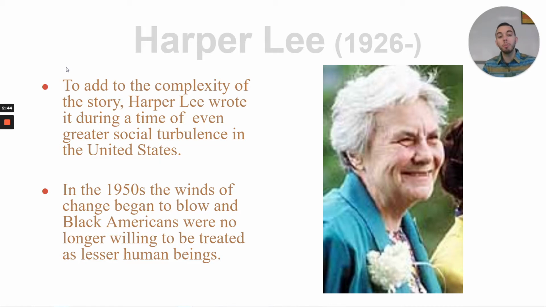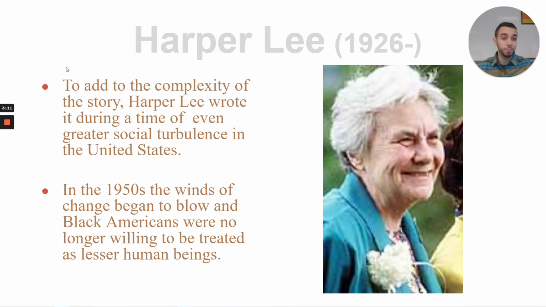So Harper Lee, born in 1926, was raised in the South. She had a very good idea of how the South would look during the 1930s, because that's when she grew up. She wrote this book during the 1960s, when the civil rights movement was at its height of intensity, and Martin Luther King Jr. was making his marches and his speeches.